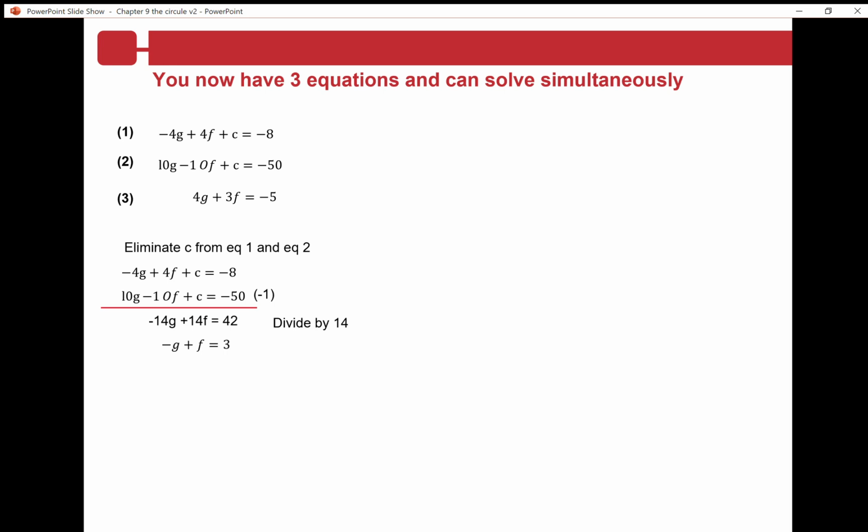Okay, so I now have 2 equations with g and f in them. Let's write them underneath each other and solve them simultaneously. I've got equation 3, 4g plus 3f equals minus 5, and equation 4, minus g plus f equals 3.